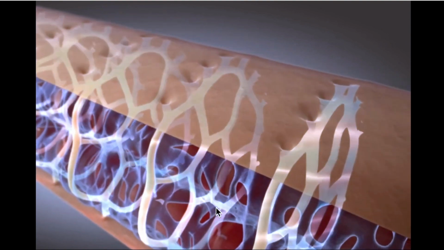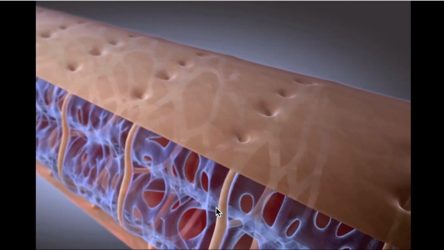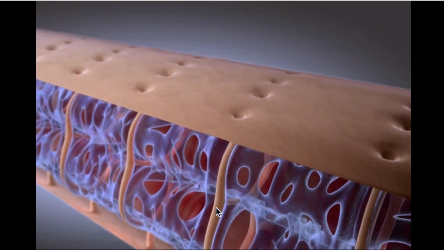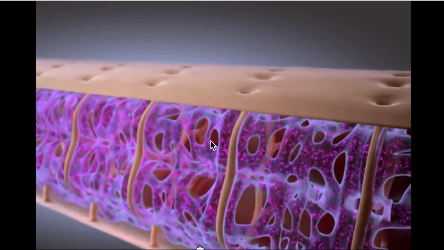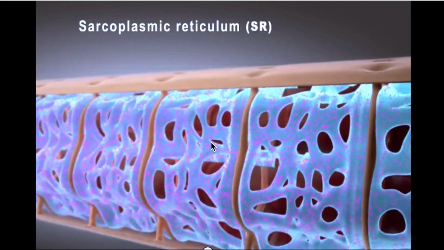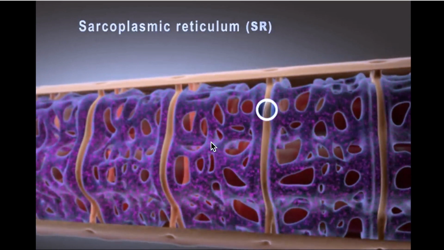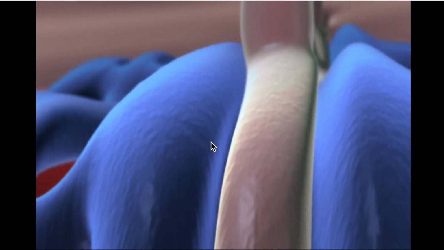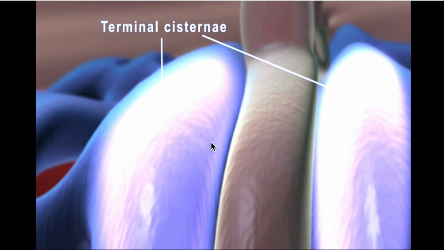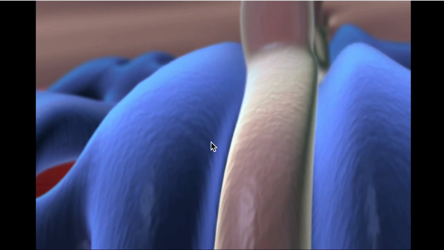At various points where the T-tubules intersect with the sarcoplasmic reticulum, calcium, shown here in blue, is stored within the membrane. When the T-tubules come in contact with the sarcoplasmic reticulum, it creates bulges resembling sacs known as terminal cisternae.